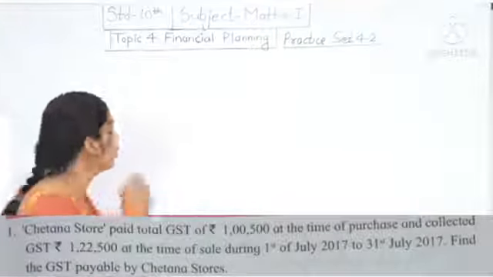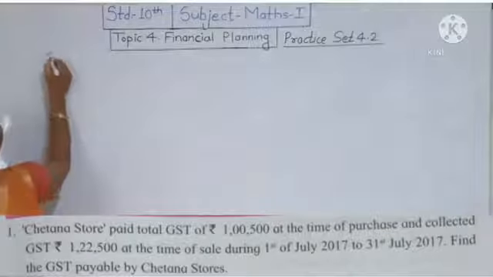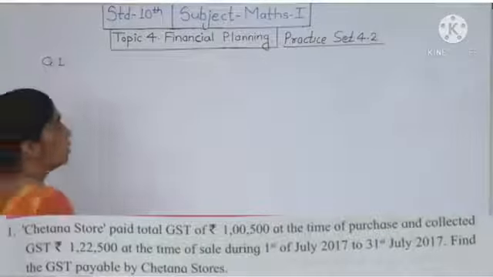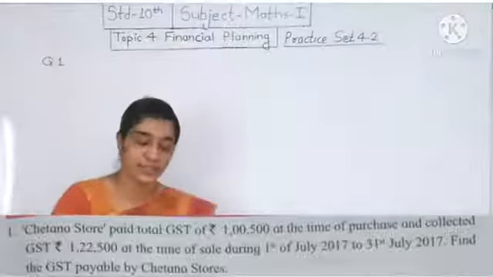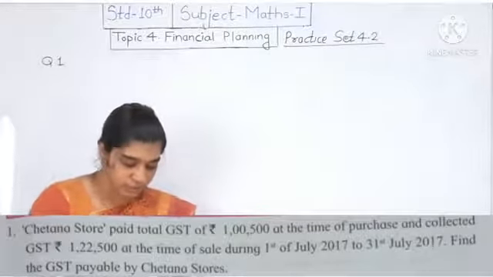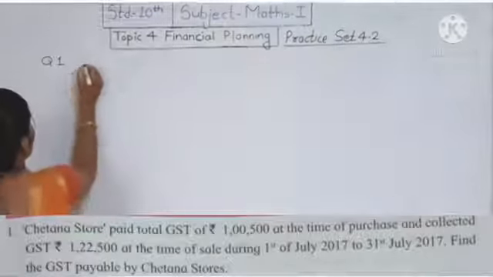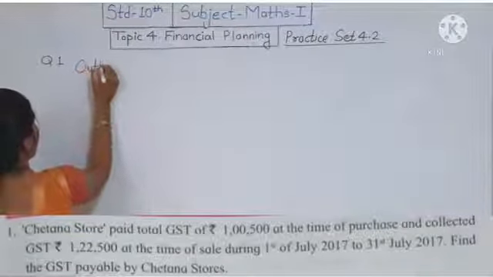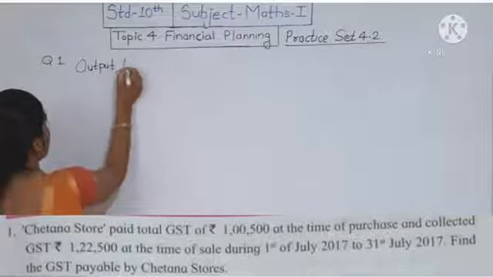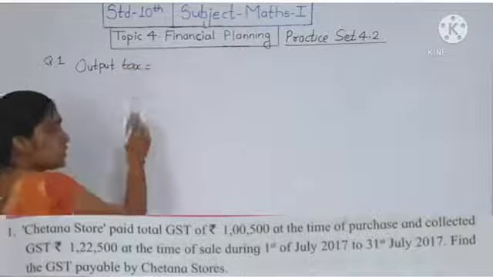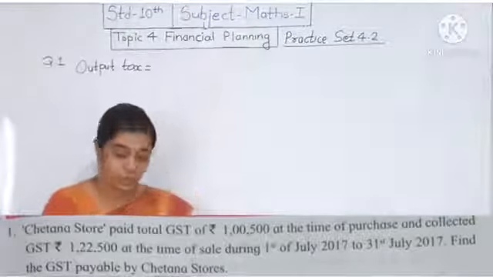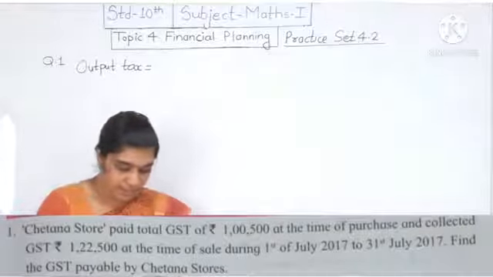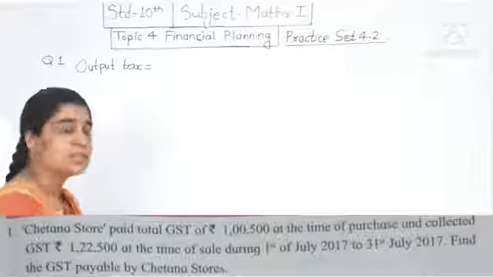So what is the output tax in this example? Output tax is given. What is meant by output tax? The tax collected at the time of sale.